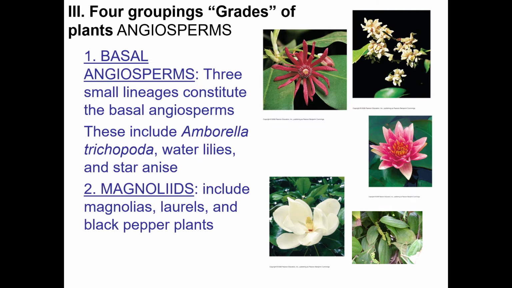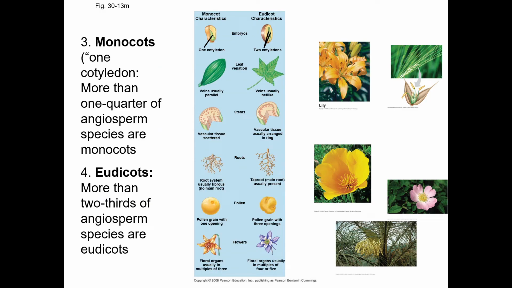You have basal angiosperms, and there are three lineages of basal angiosperms: the Amborella, the water lilies, and the star anises. You also have magnoliids, and these are the magnolias, the laurels, and the black pepper plants. But the majority of the angiosperms are either monocots or dicots.